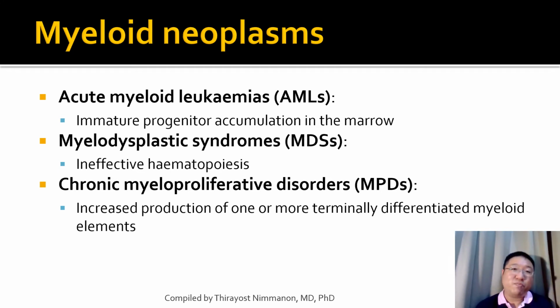If the predominant element is myeloid cells, the disease is chronic myeloid leukemia. This is just the big picture for you to understand.